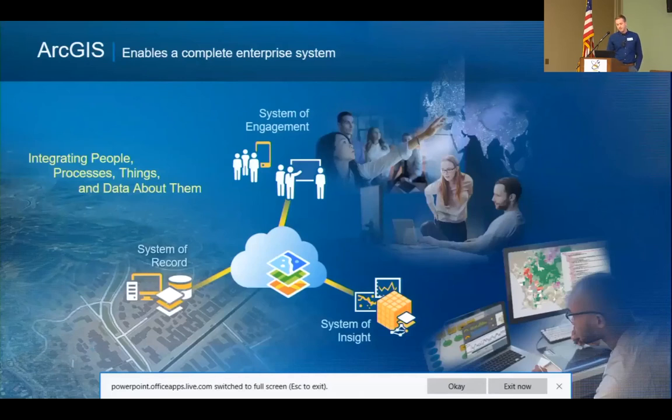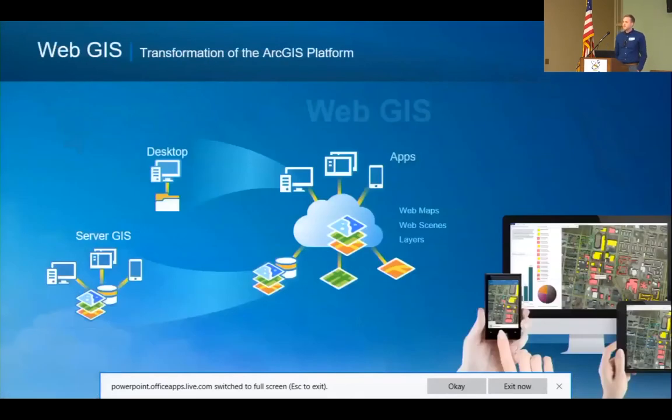And over time, we've seen a transformation of how GIS is being implemented and used in agencies. So traditionally, we started with desktop client software. So you had the software installed on your machine, you use data locally stored. And then we moved from there to a server-based architecture. So you're interacting with centralized data, with centralized services on the server environment.